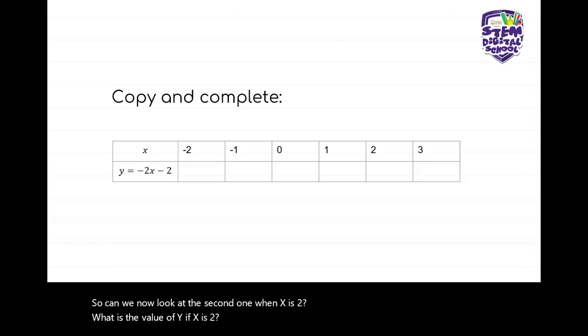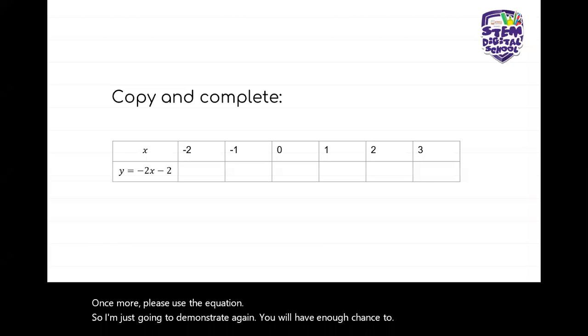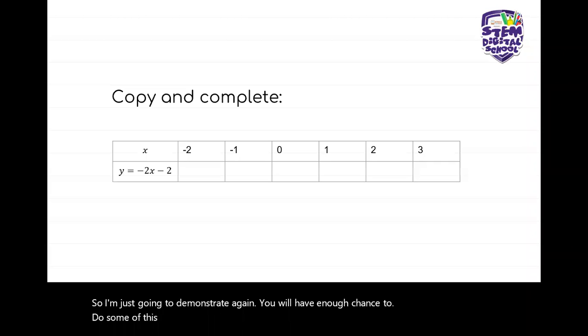Once more, please use the equation. So I'm just going to demonstrate again. You will have enough chance to do some of these activities. So the main thing here is to use the equation. So y is equal to -2x minus 2.